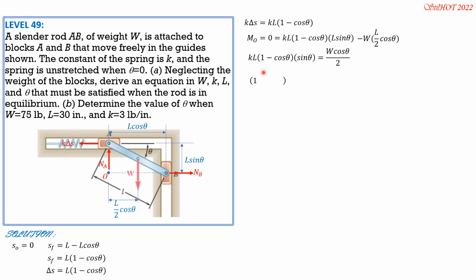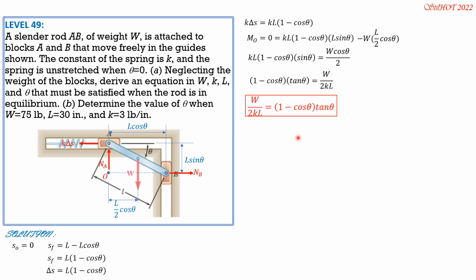So rearranging, we have W over 2KL equals 1 minus cosine theta quantity times tangent theta. So that's the derived equation, part A.